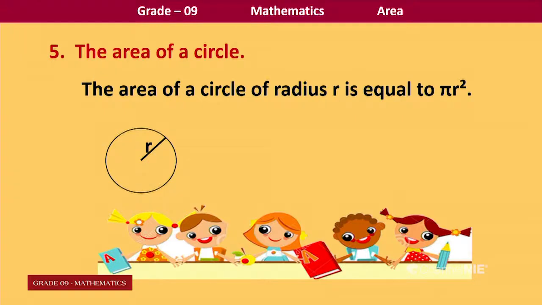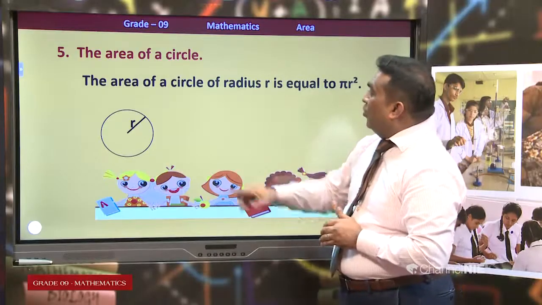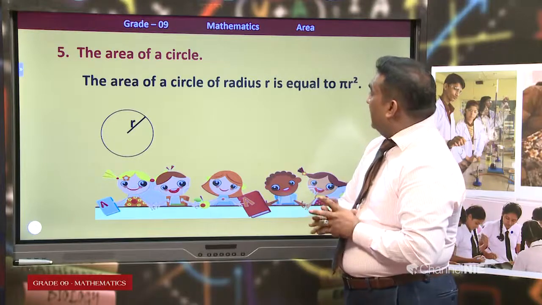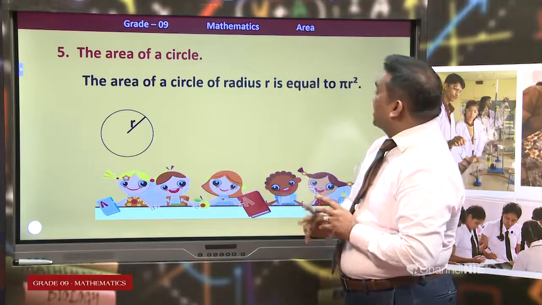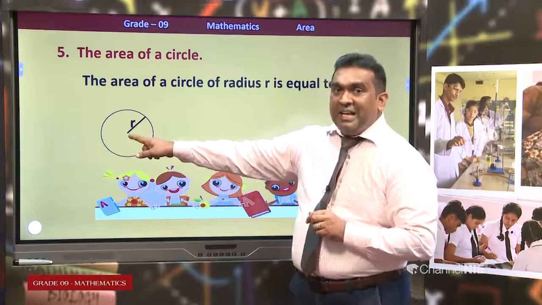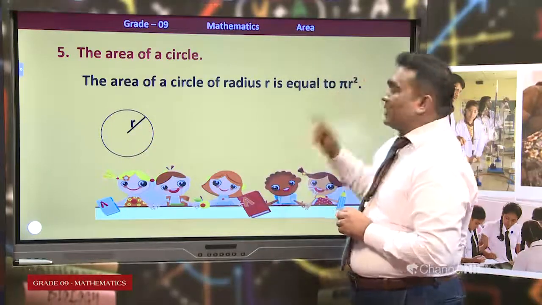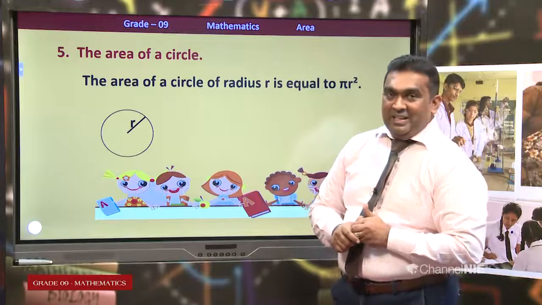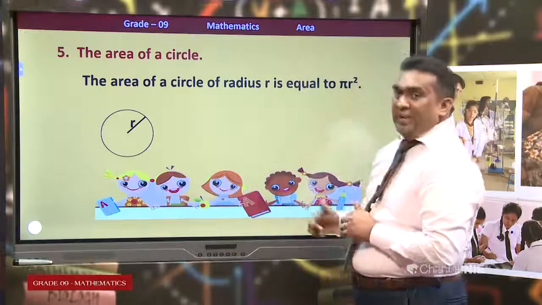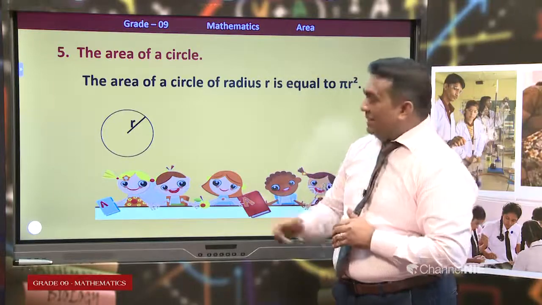Here, pi means a constant value 22/7. Therefore, area of a circle of radius r is equal to pi r squared. If you consider radius as a, then pi a squared. If you consider radius as b, pi b squared, right?